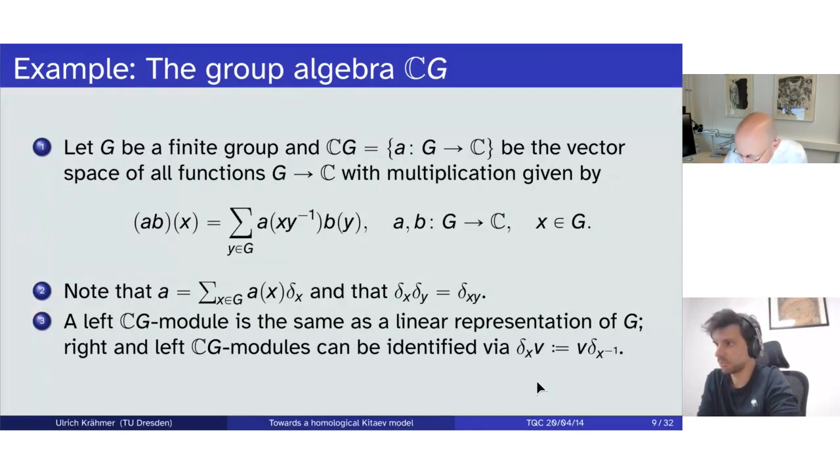Therefore, if you give me a right module, and I define the multiplication with delta x from the left to be the multiplication with delta x inverse from the right, this turns this right module into a left module. But I could also do this vice versa and go from a left module to a right module. So in this way, the categories of left and right modules get identified. And they're both just the same thing as linear representations of groups.